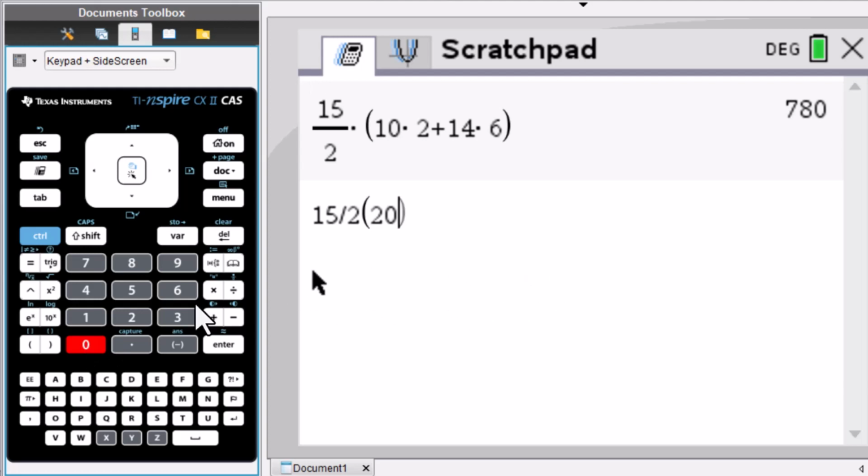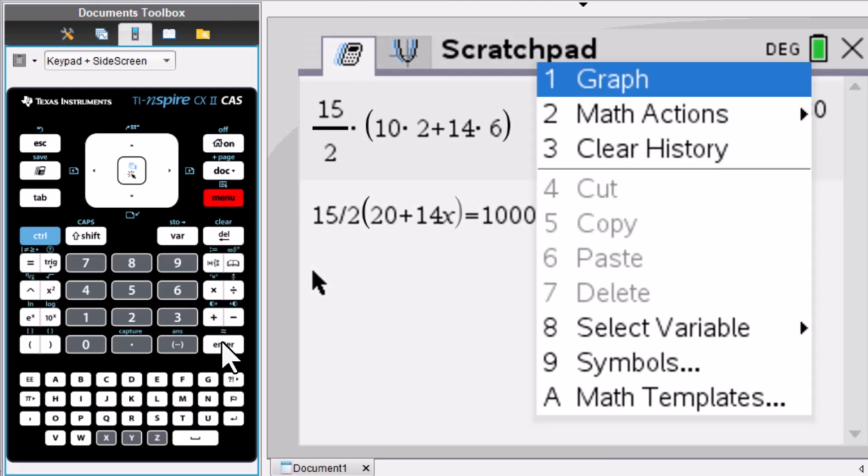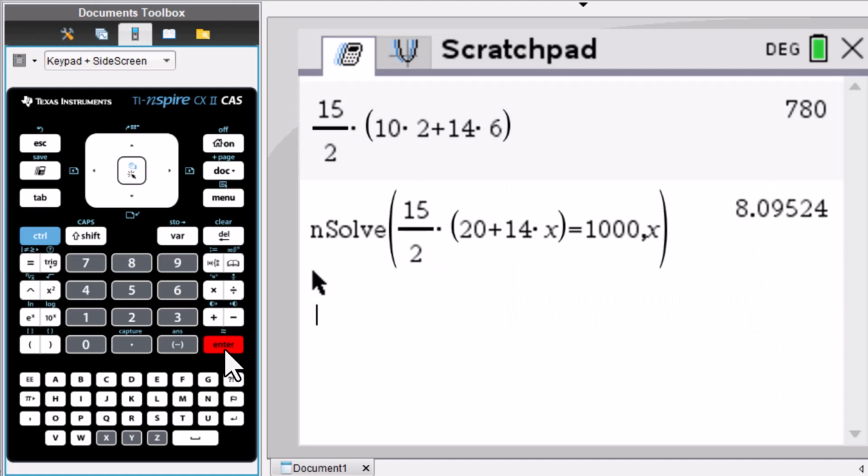We will put the equation into equation solver. Then control menu, go to 2, enter, enter, enter. X equals 8.10 as a 3 significant figures.